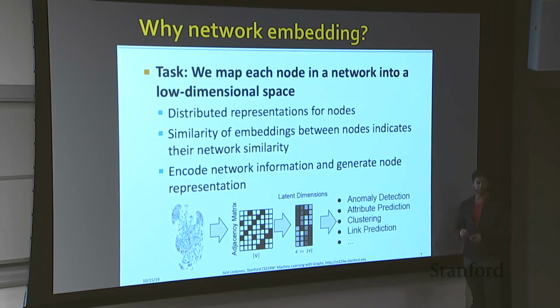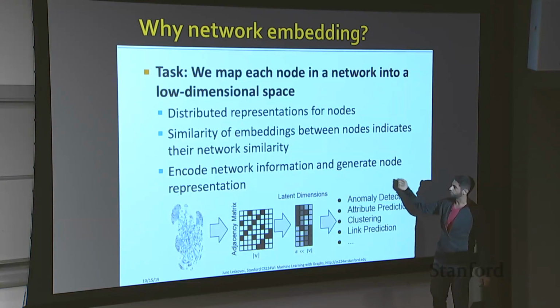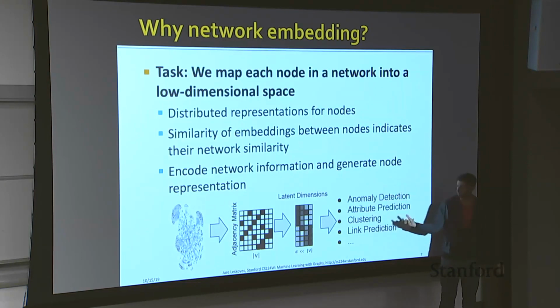Usually, if these vector representations are similar, we want the nodes themselves to be similar. So they could be adjacent in the graph, they could be connected, or they could have similar structural roles in the network. At the end of the day, we want each node representation to encode as much network information as possible.